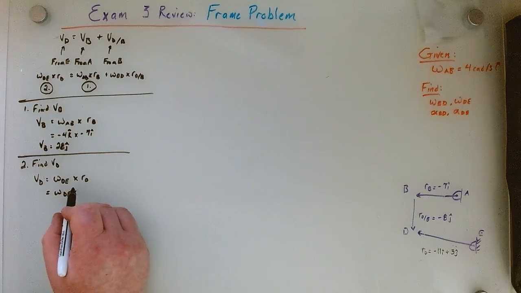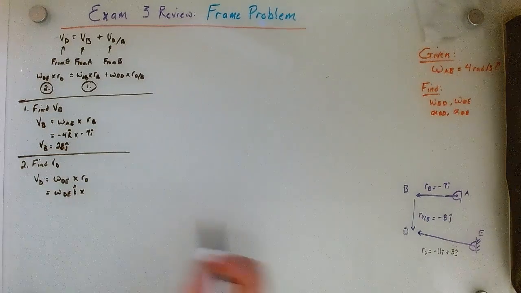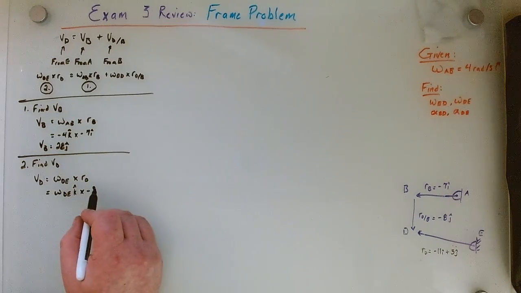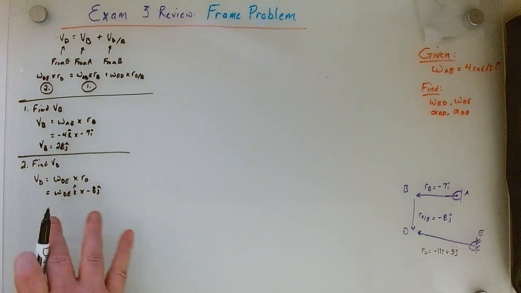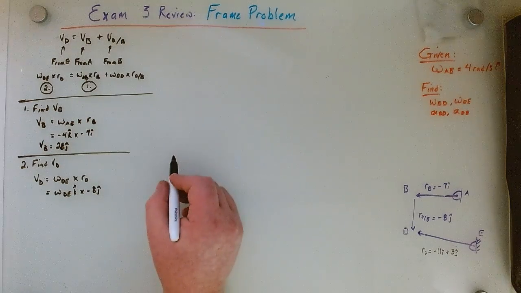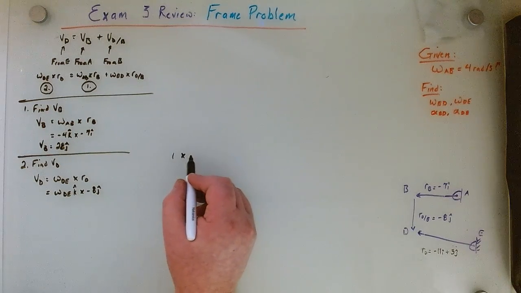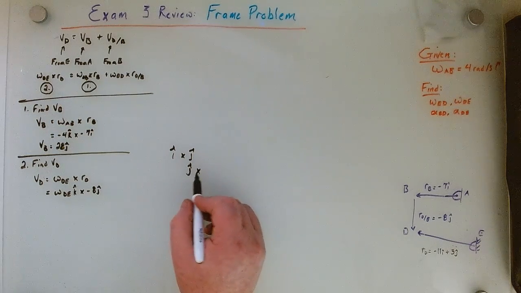This is K. In this case, we're crossing with, this is minus 8J. So K cross with J. So by the way, to think about these, if you want to know if it's positive or negative, check this out. I cross J. Okay. J cross K.